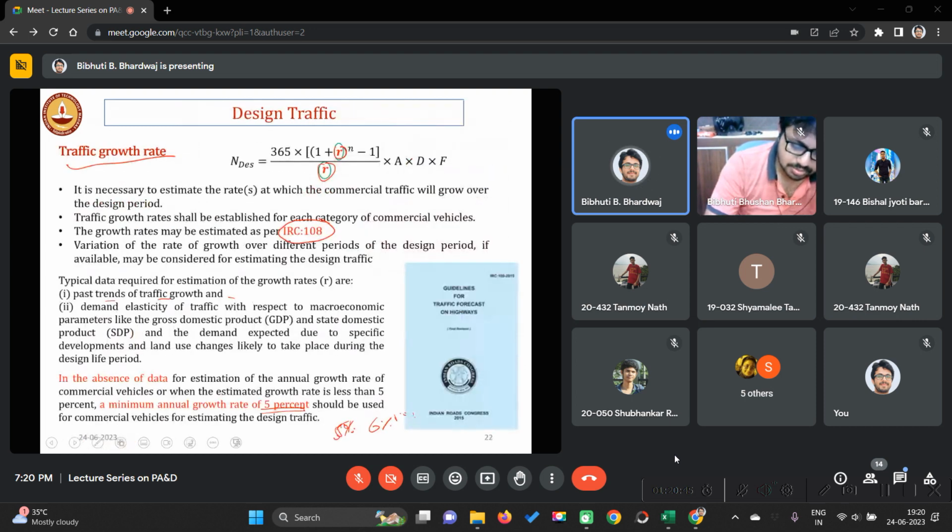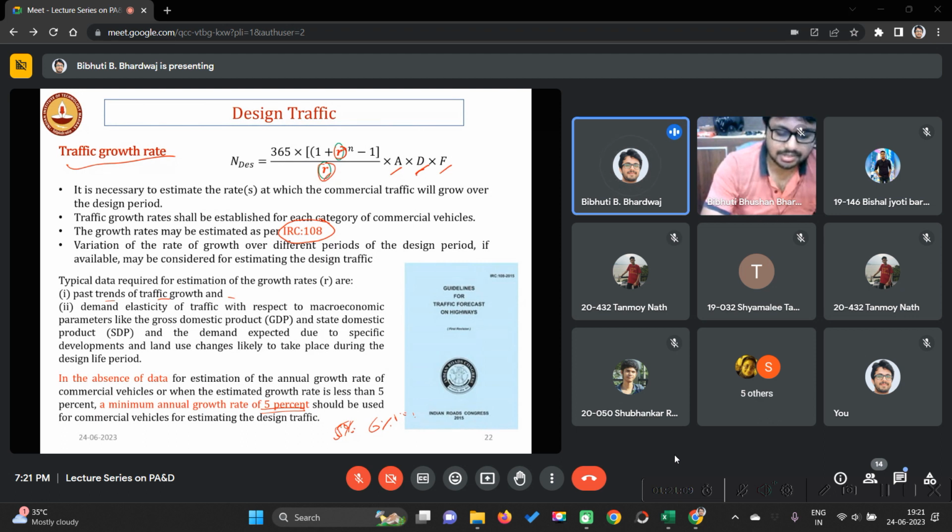So the first step is to figure out all these parameters: A from the traffic survey, D from the geometry, like how many lanes are there. From that you can know D. F from the axle load survey. You need to calculate VDF, and if this axle load survey is not possible, you can simply take the values as suggested in IRC.